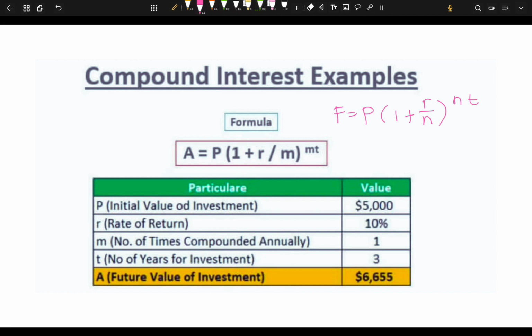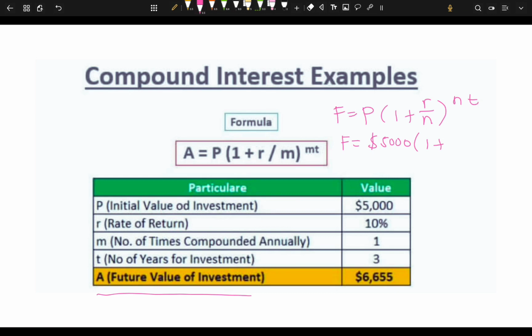So, dito, is been distinguished na kung ano yung mga values na kailangan natin. So, we have $500 as our principal, and we are aiming to get yung ating future value. So, F natin is $5,000 multiplied by 1 plus, R natin is yung 10%.